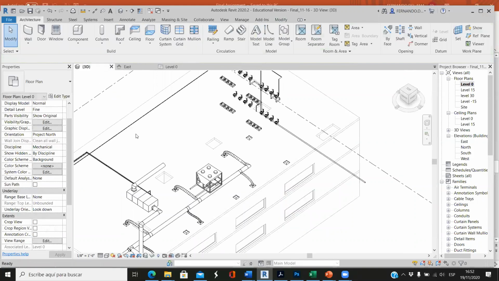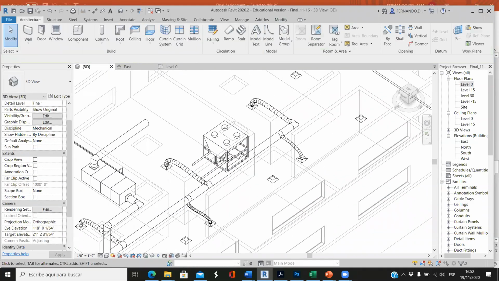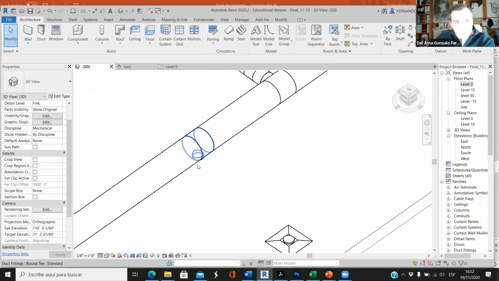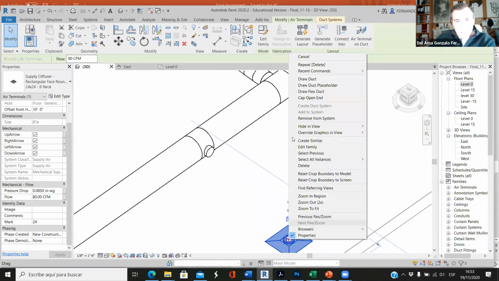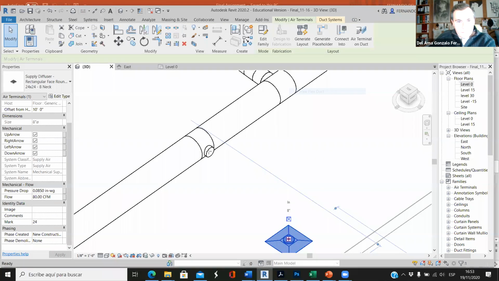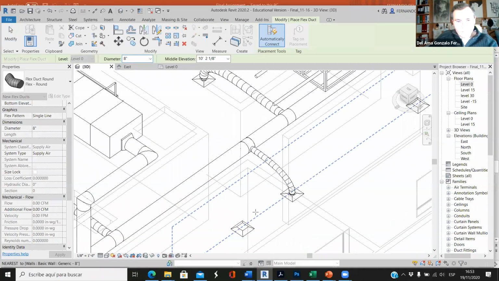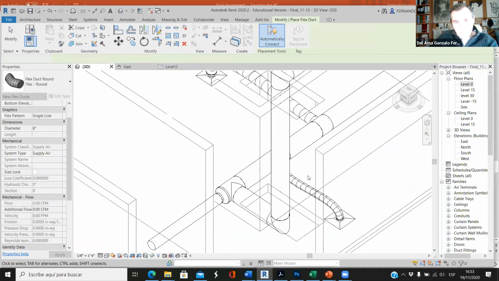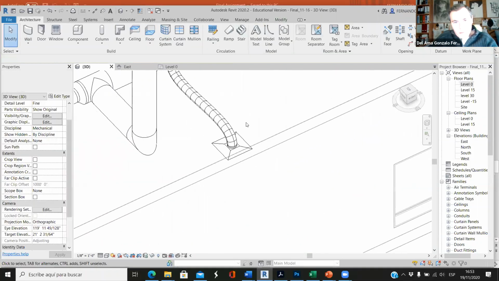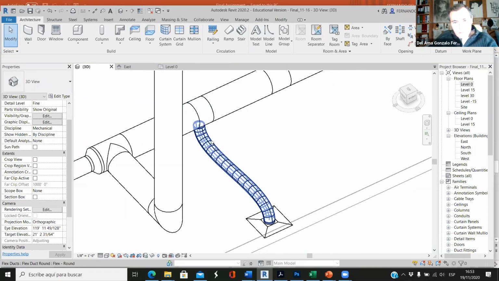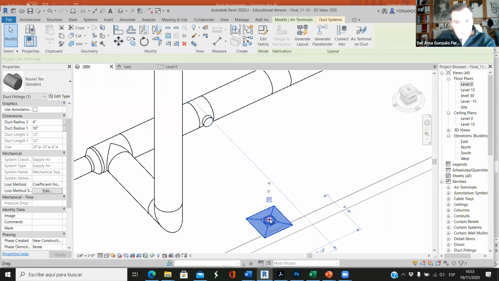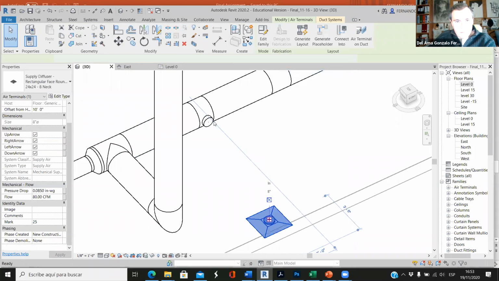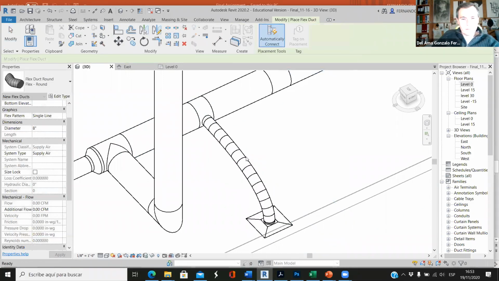Flex duct. And now I have to fix this, rotate. And this one, rotate. There you go.